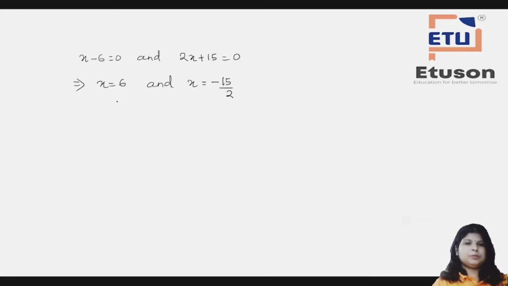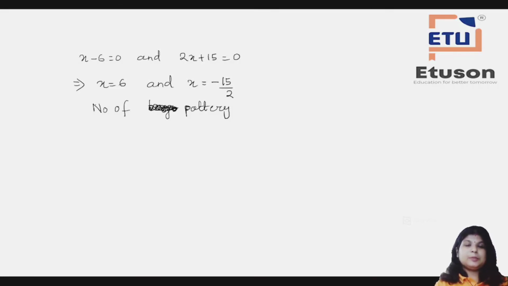So out of these two values, you can take only x equal to 6 as it is a positive integer, because number of articles cannot be negative, right? So the number of pottery articles will be equal to how much?